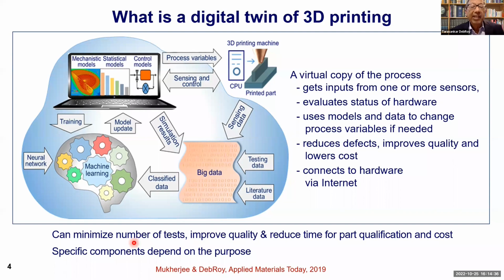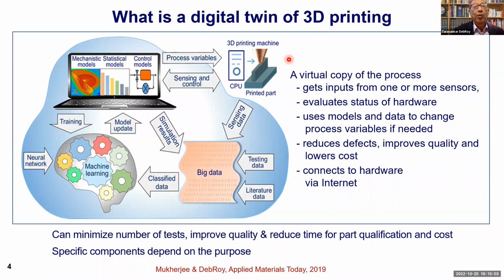So it can minimize the number of trial and error tests to improve quality and reduce defects. So it can also expedite part qualification, and it can reduce cost because we are not throwing away specimens. The quality consistency improves, and specific components depend on the purpose.